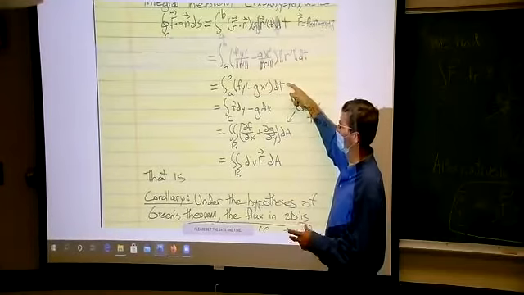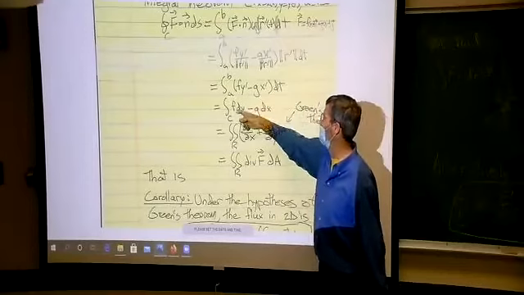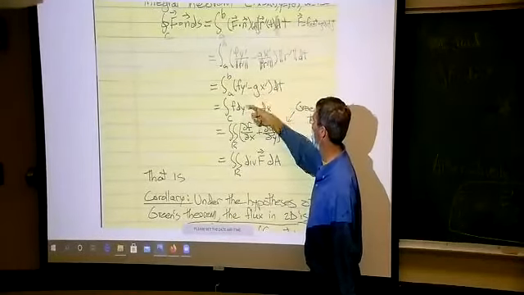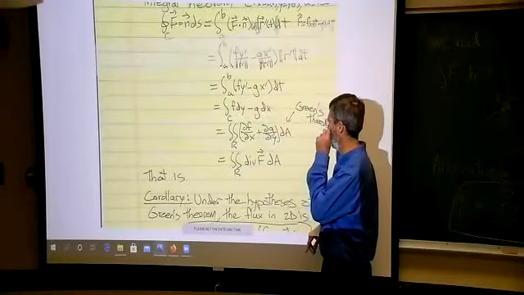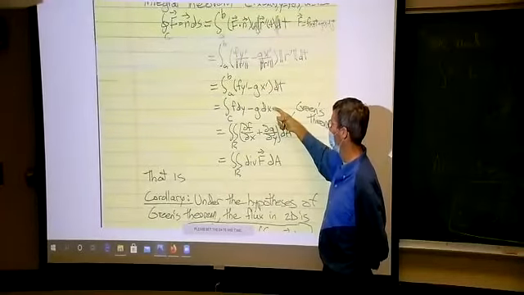which by our theorem for evaluation of line integrals going backwards is actually equal to the integral f dy minus g dx. Replace y prime dt with dy and x prime dt with dx, going backwards on that evaluation theorem. Now Green's theorem applies.